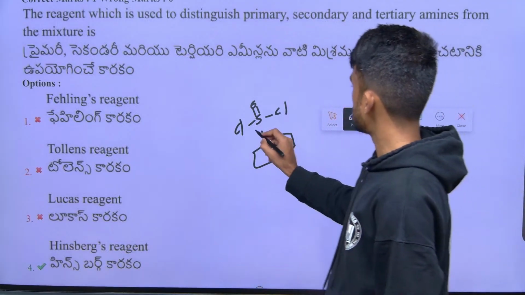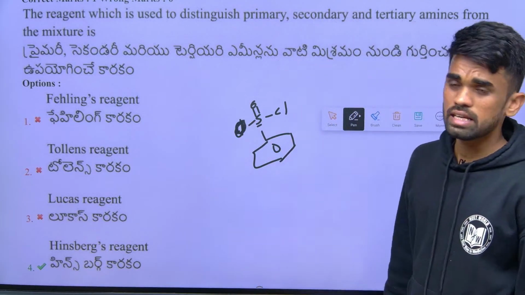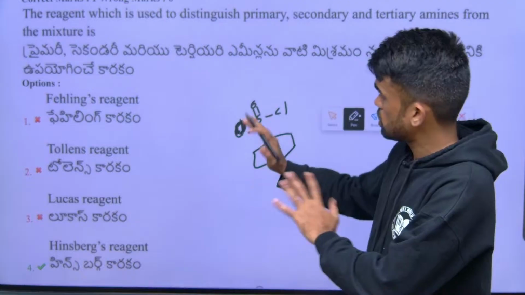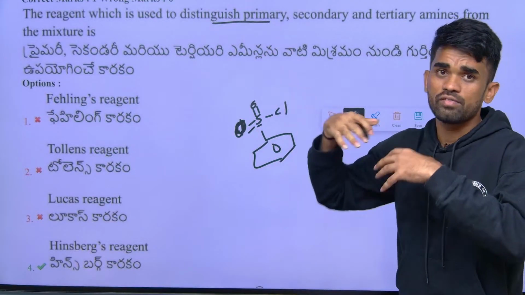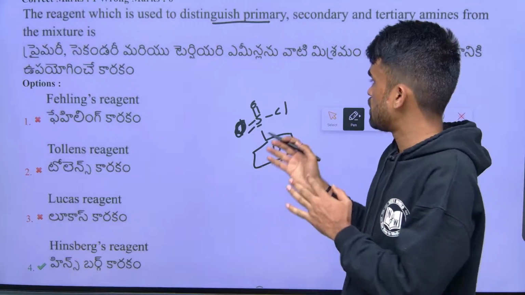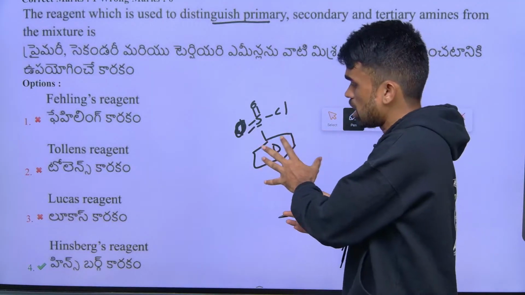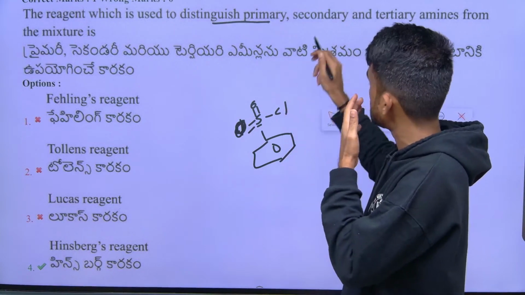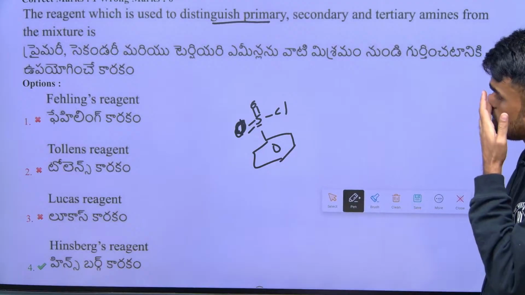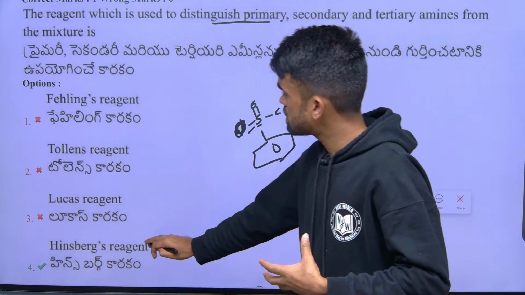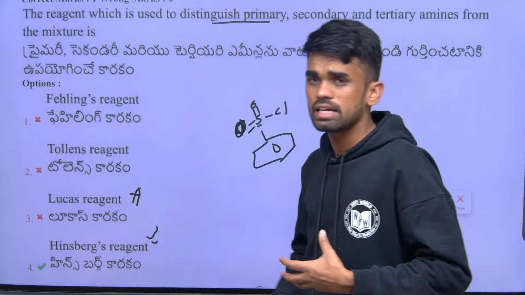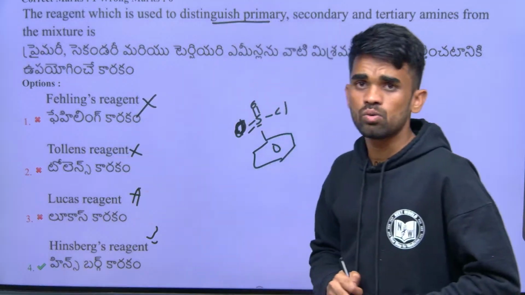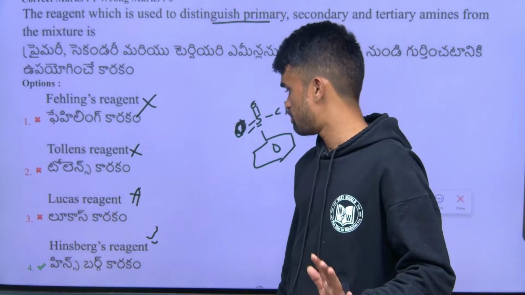Okay, so this is SO2Cl, the benzene sulfonyl chloride, which is used to identify which one is primary, secondary, tertiary. We call this compound the Hinsberg reagent. Primary amines will react with this and secondary also. Whereas Lucas reagent cannot distinguish primary, secondary, tertiary amines. Even toluene and aniline also won't work. Only Hinsberg is the perfect answer for this question.